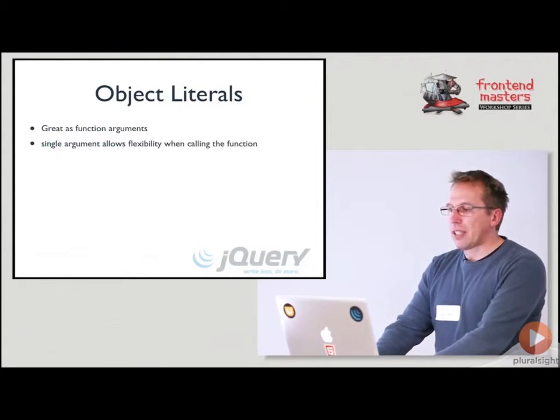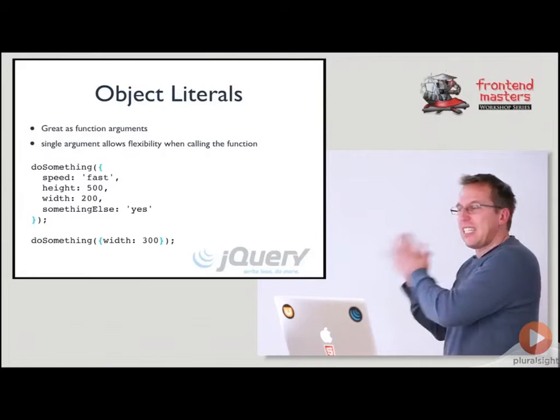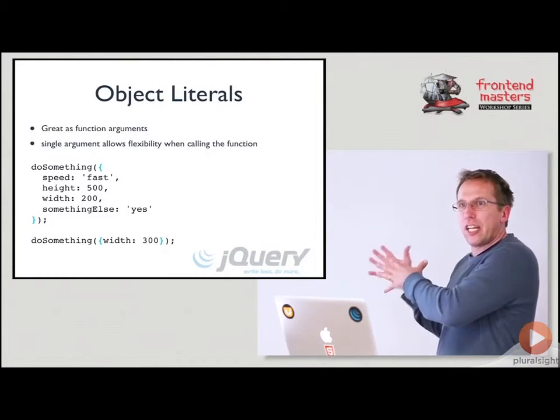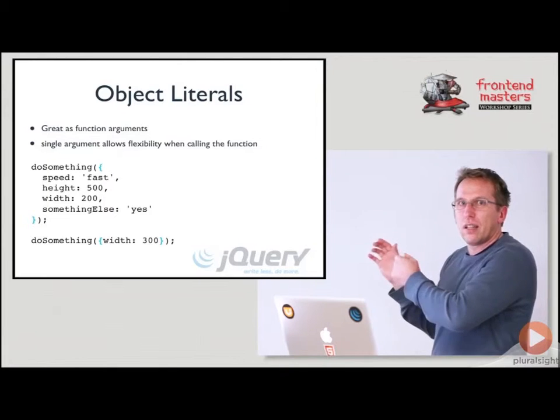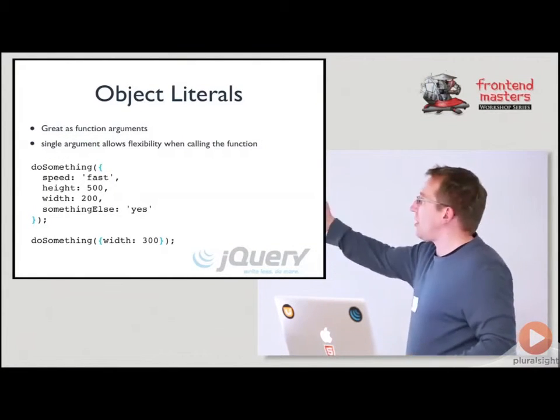Object literals are great as function arguments, right? How many of you have seen this kind of thing in a jQuery plugin? Or any jQuery method, right? A lot of them use these object literals.